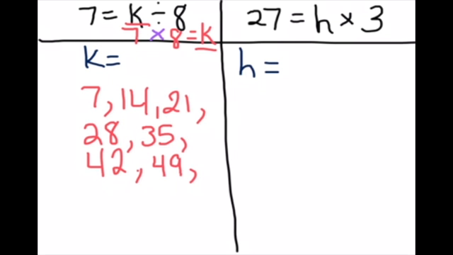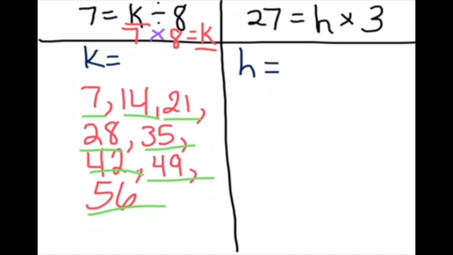And then it is 56. Let's see how many times we counted. 1, 2, 3, 4, 5, 6, 7, 8. Oop, that's when I stop because that's the 8th number. So K equals 56. So if I were to fill that in, 7 equals 56 divided by 8. Or 7 times 8 equals 56.